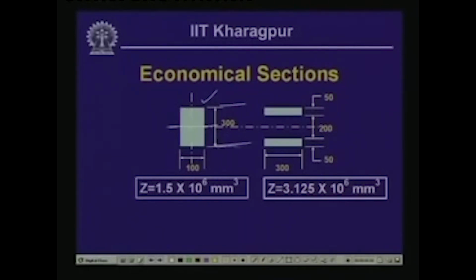You notice that we get 0 stress at the neutral axis and then a linear variation, so the maximum intensity of stress occurs towards the outer fiber. So, this part of the beam near the neutral axis is not fully stressed, hence it is not utilized to the extent possible, and naturally it becomes uneconomical.